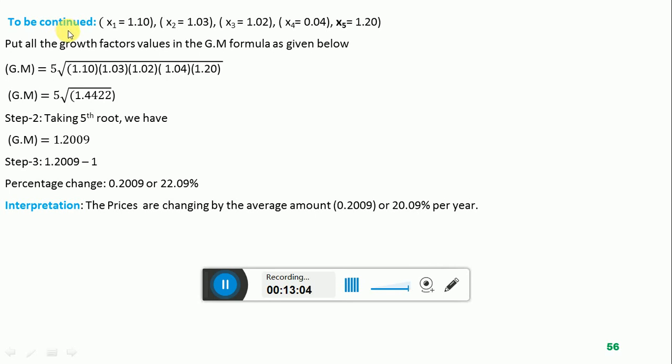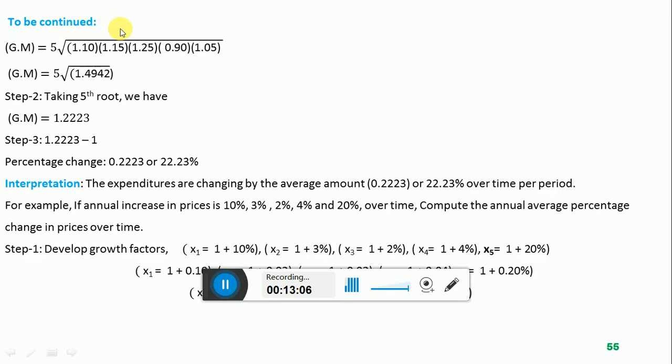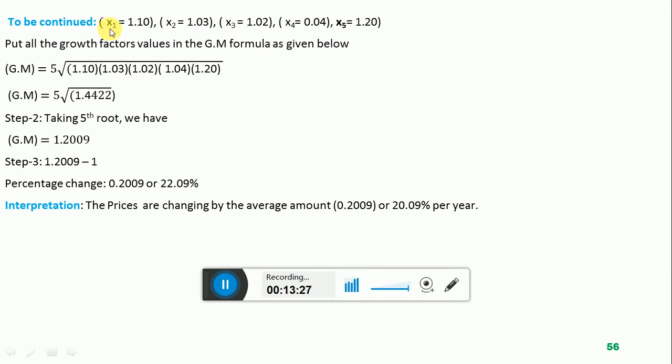Now to continue. For X1, 1 plus 10% is 1.10, 1 plus 3% is 1.03, 1 plus 2% is 1.02, 1 plus 4% is 1.04, and 1 plus 20% is 1.20. Now we write here: the first growth factor 1.10, second growth factor 1.03, third growth factor 1.02, fourth growth factor 1.04.